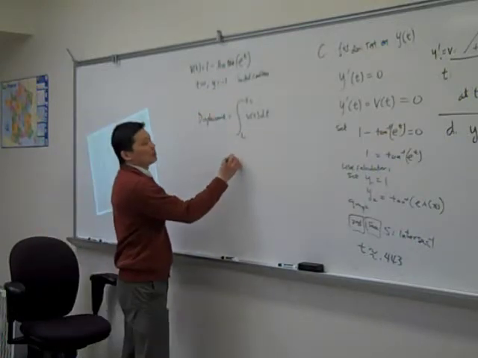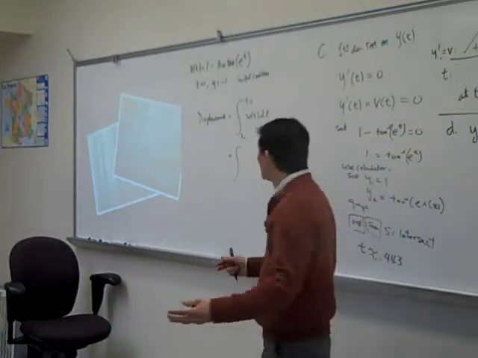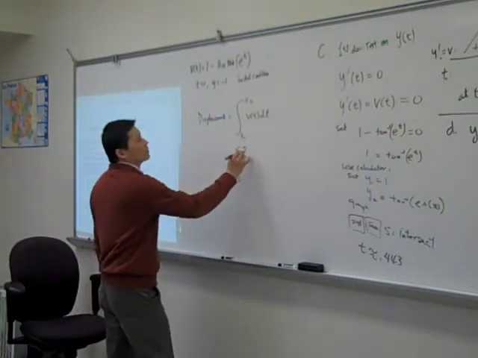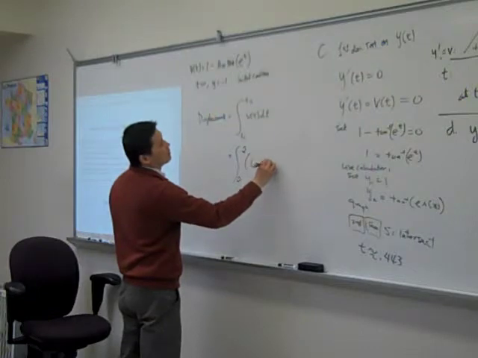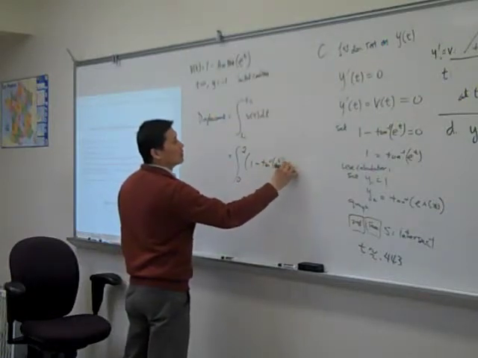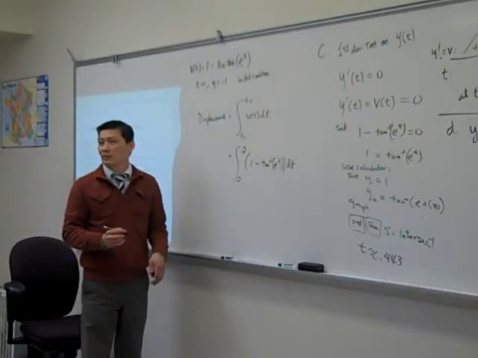Okay? So the displacement from 0 to 2 is the integral from 0 to 2 of 1 minus inverse tangent e to the t dt.